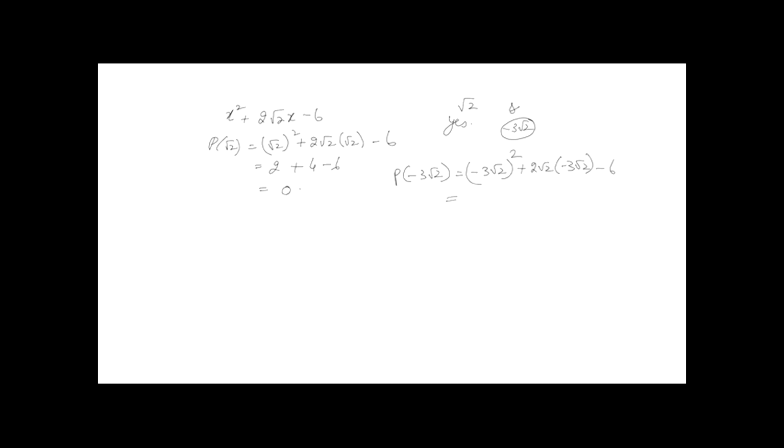Minus 3 root 2 whole squared is 18, ma'am. And minus 2 into 3, 6, 6 into root 2 into root 2, 12, ma'am. Equal to 0. So yes or no? Yes, ma'am. So let's go to the next question.